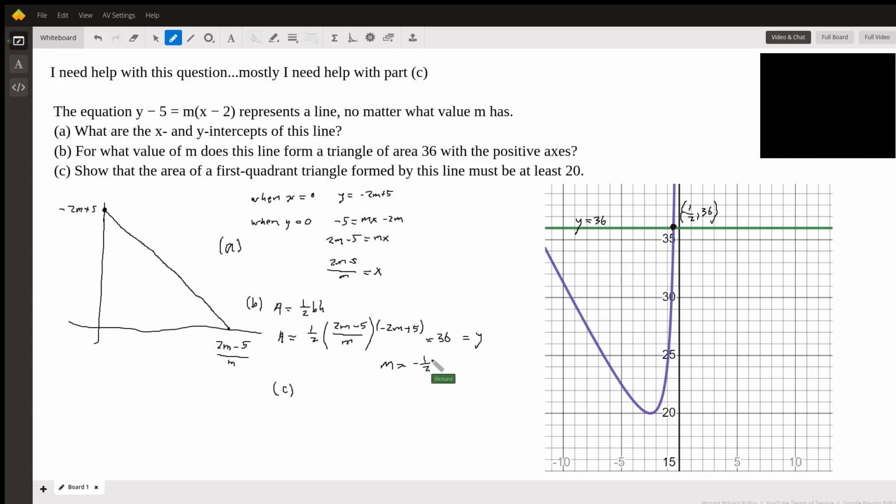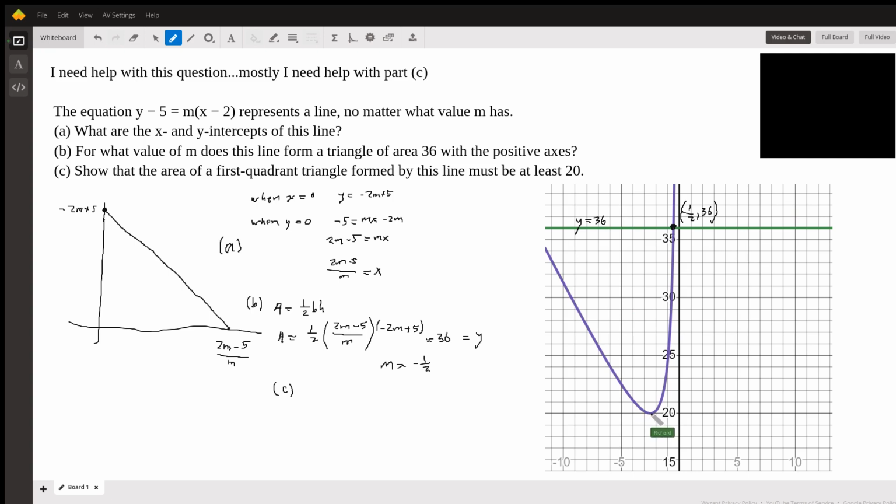As for the last part, the area has to always be at least 20. You can see when you graph the function here, the area function, you can see that it doesn't go below 20. The exact coordinate there is -2.5, -5/2, comma 20.